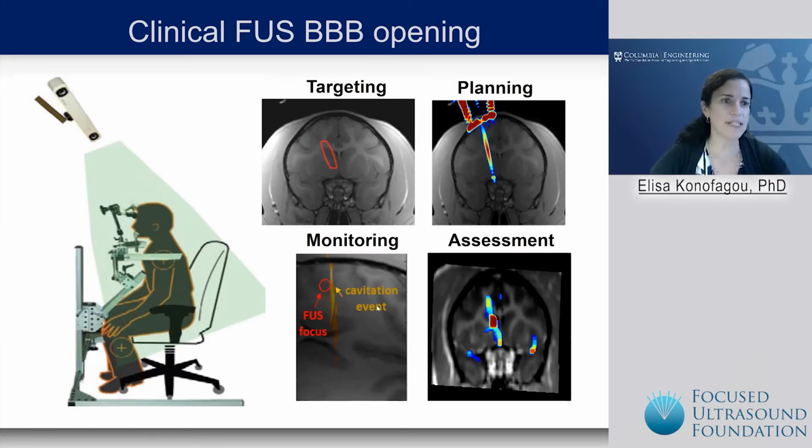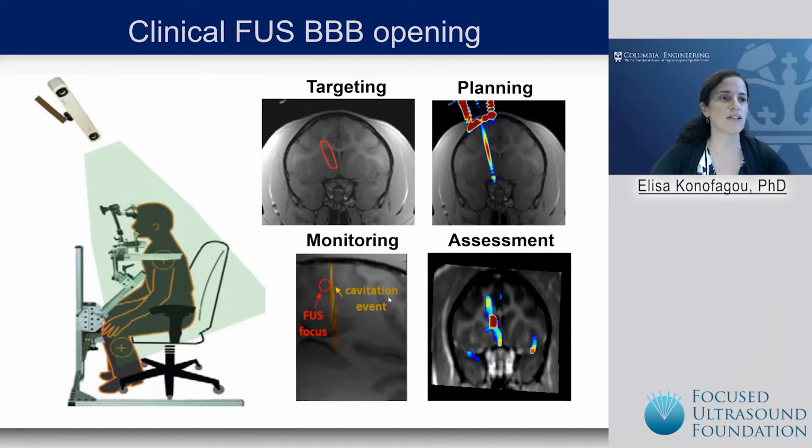But there's 4 different steps into what we're doing as part of the system. First, we predict the targeting, make sure that we have the right region of the brain. Then with simulations, we see whether that's feasible to have a uniform focus in that region.